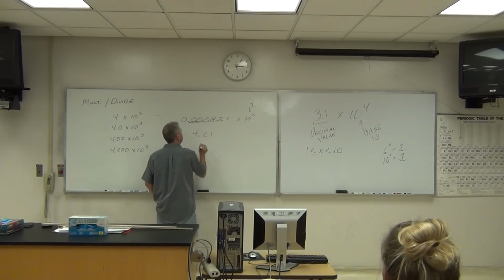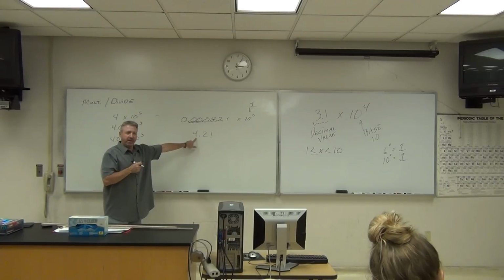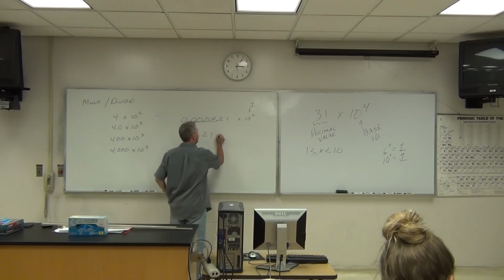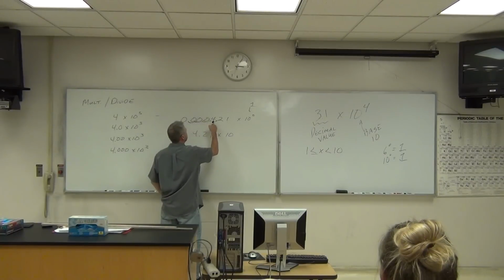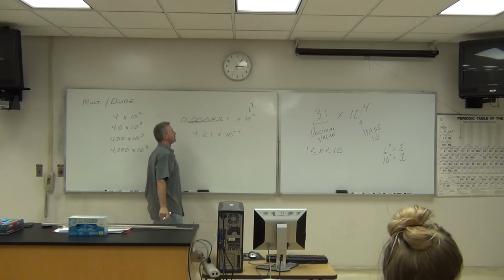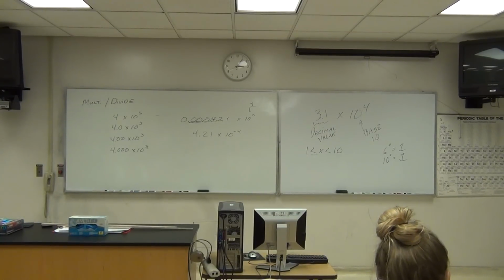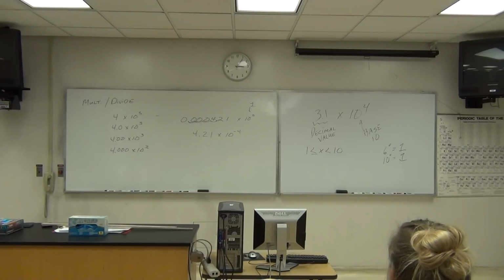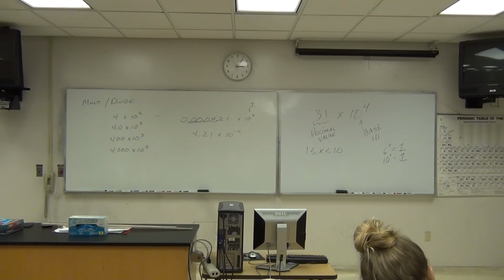Notice I moved my decimal to a point where I had just a single digit to the left of the decimal. Kept track of how many times I moved it. I'm moving from 0 and then negative 4. Okay? Everybody good?